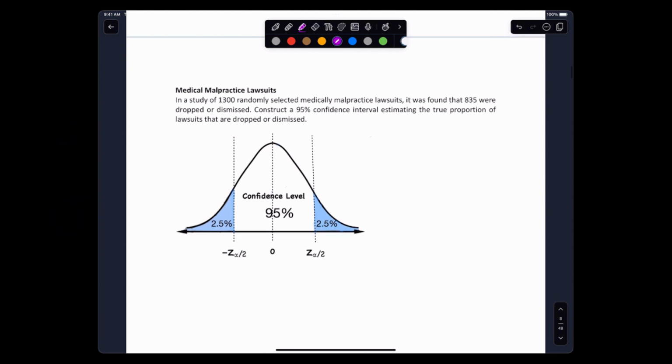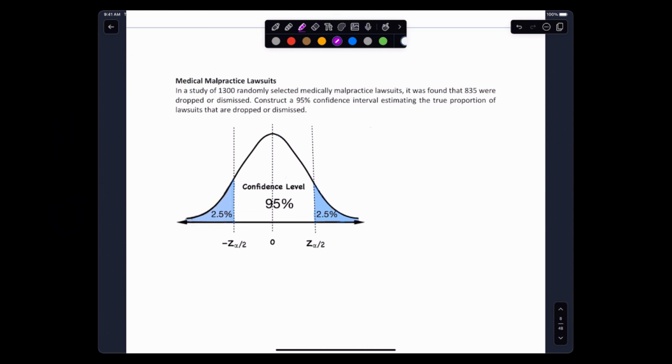Medical malpractice lawsuits. Does that happen? I'm giving you guys more realistic kinds of settings. Let's read.